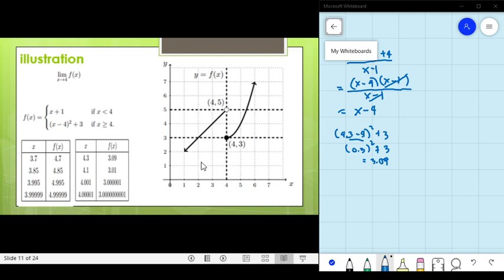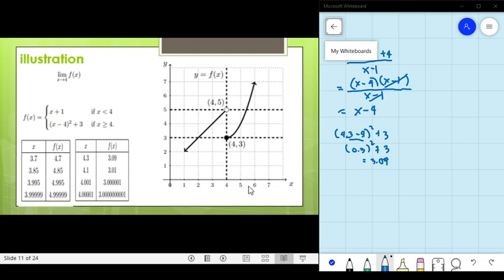So, as x gets closer and closer to 4 from the left, it ends at 5, which is hollow, not shaded, because x equal to 4 is not in this situation. There is no equal sign here, so it starts here, shaded.